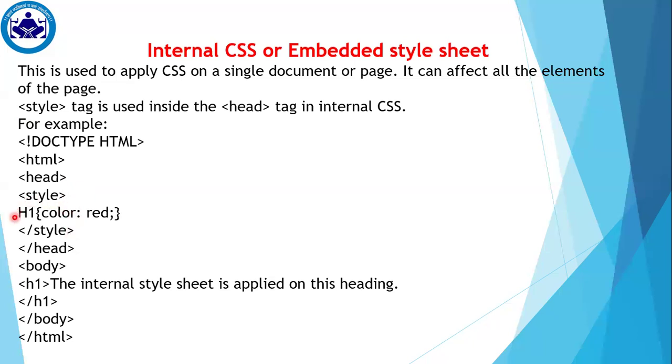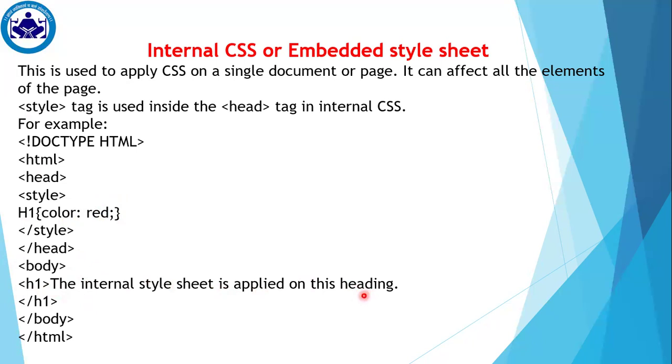Here we can see H1 color, colon, red and semicolon. So when we use this H1 tag inside the body tag, all the elements which are H1 will change the text color to red. Means the internal style sheet is applied on this heading.